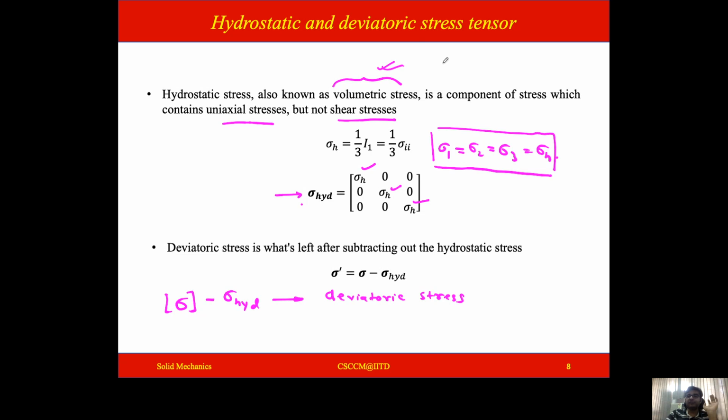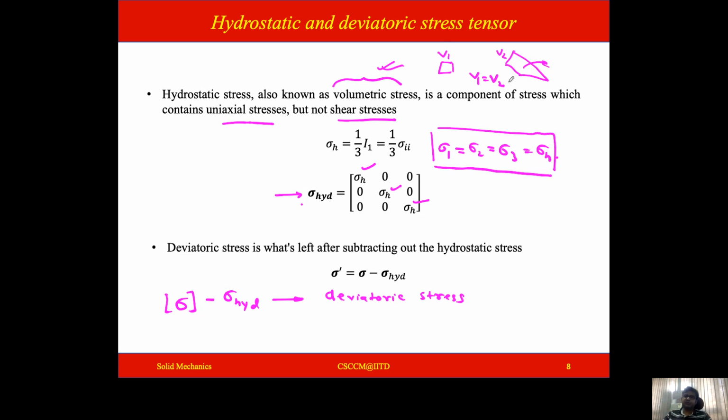So if a body was something like this, that body can become something like this. And this distortion is due to deviatoric state of stress. But if there is only deviatoric state of stress acting on a body, the volume will not change. So if this is V1, this is V2, V1 will have to be equal to V2 when the body is under the action of a deviatoric state of stress.